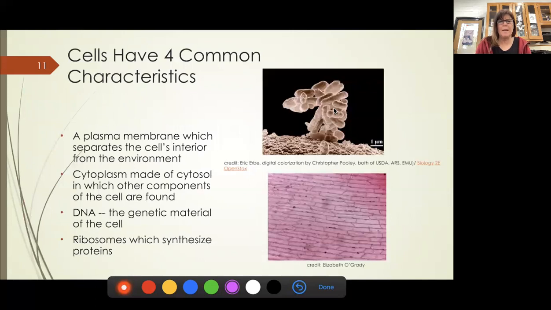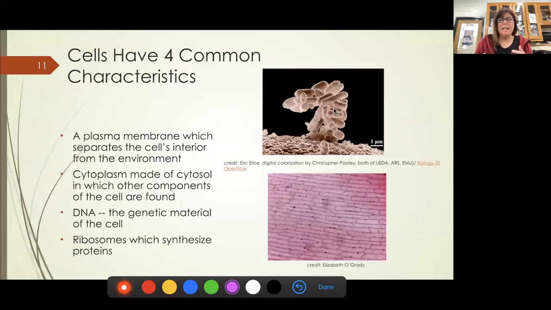The cell membrane or the plasma membrane separates the interior of the cell from the external environment. They also both have cytoplasm, and the cytoplasm is technically a space, the space inside. The space inside is filled with what's called the cytosol, which is the actual fluid, mostly water.